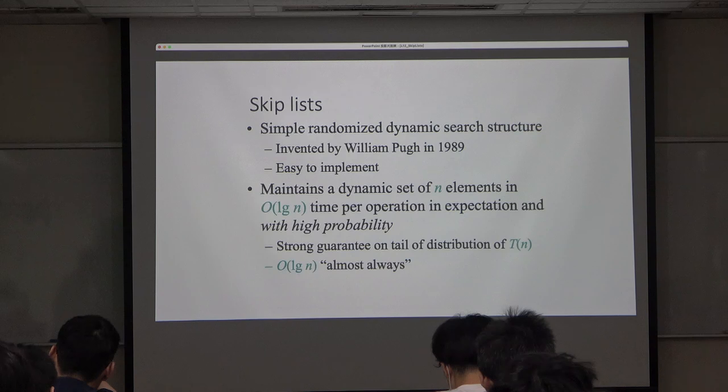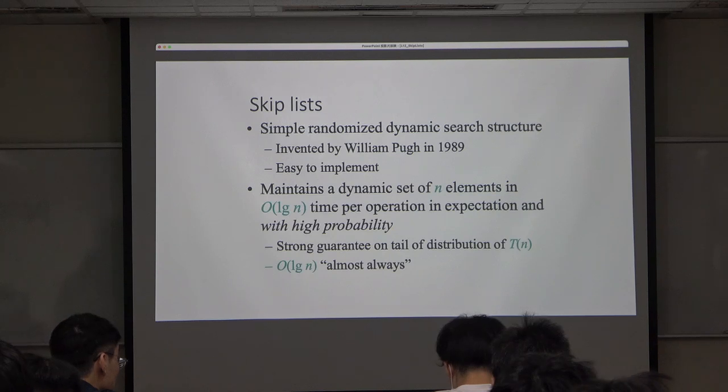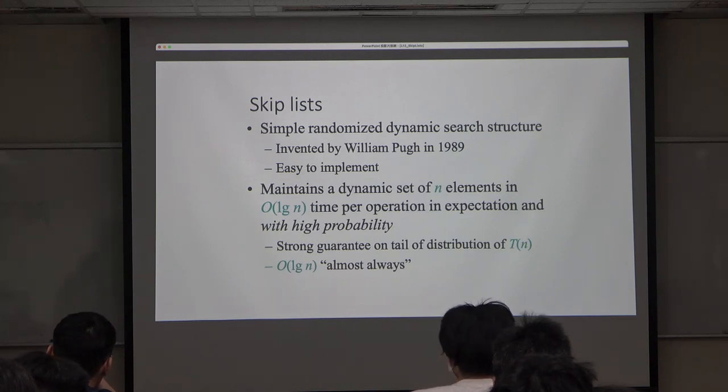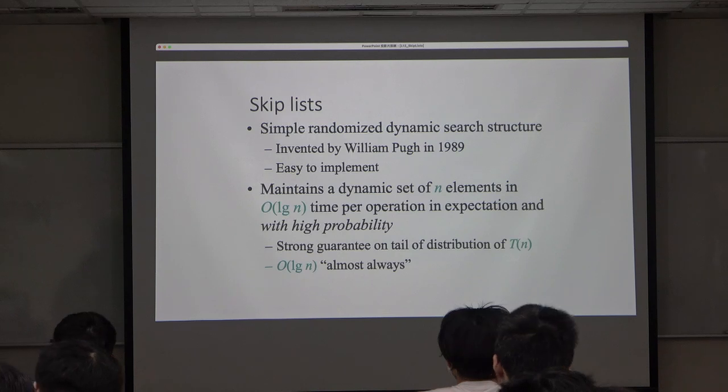If you are given a set of numbers and you want to do a search, the easiest approach, because you don't know what number to search for, is to sort the numbers and put them in ascending order, and then you do binary search.